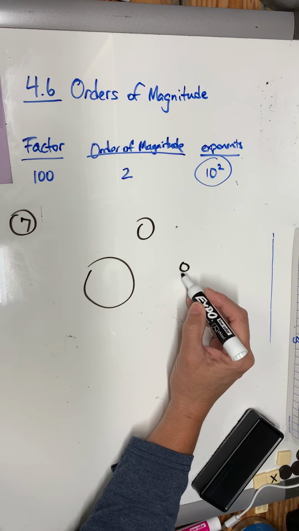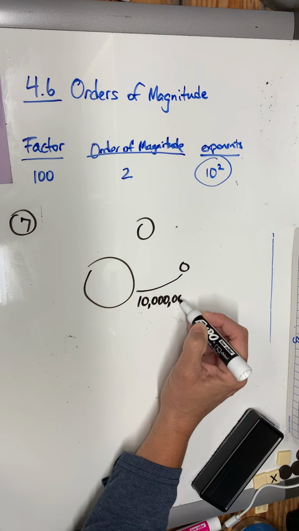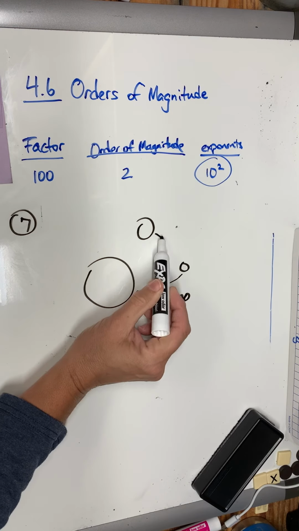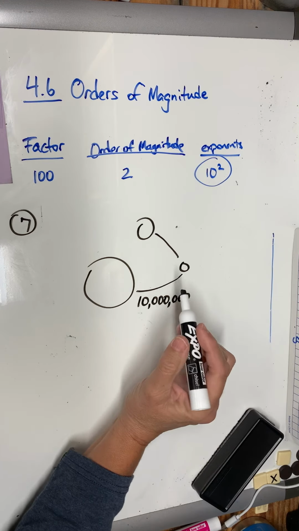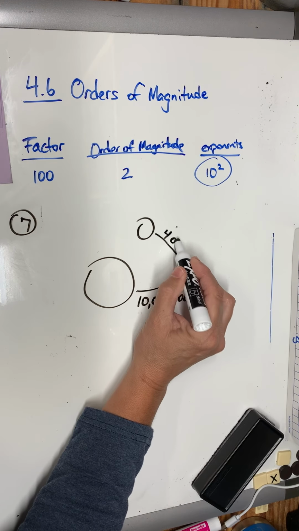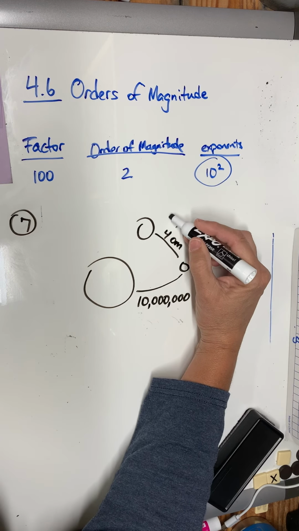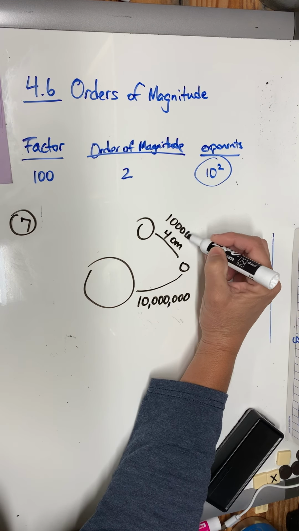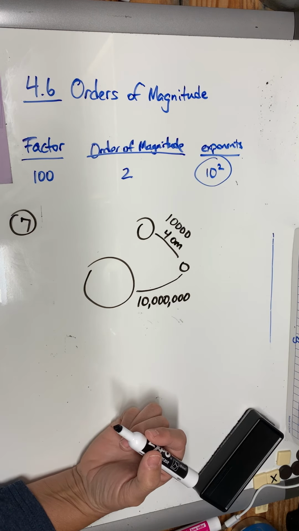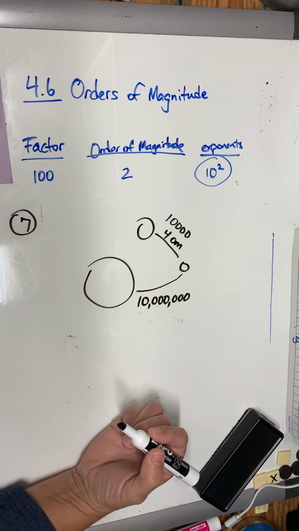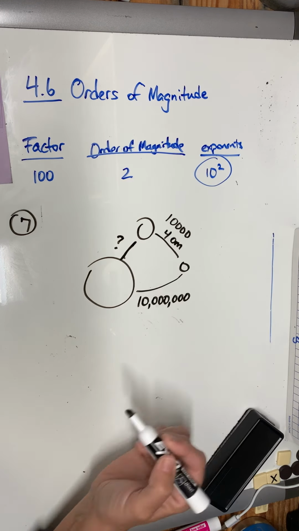So this one is smaller than this by a factor of 10 million, and this one is bigger than that one by 4 orders of magnitude. Okay? 4 orders of magnitude is the same as 4 zeros. All right, and what they're asking is, by what factor is the larger moon smaller than the planet? So they're asking about this relationship.